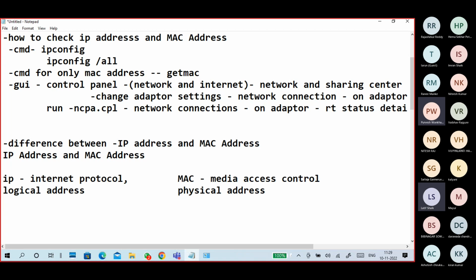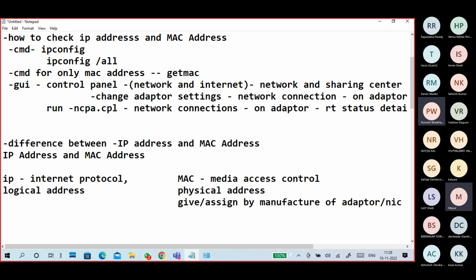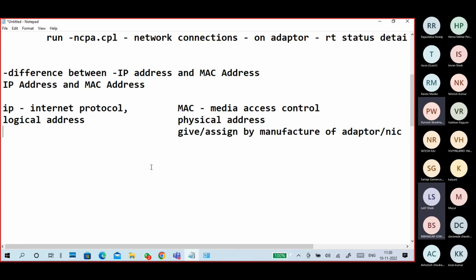MAC address is assigned by the NIC, the network interface adapter. We don't use MAC address for communications. All communications are by IP address only.